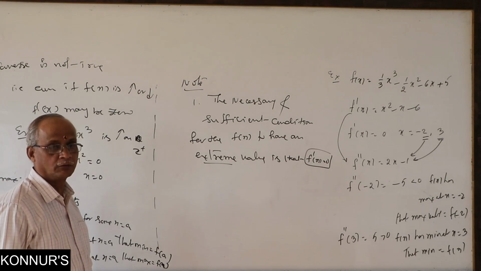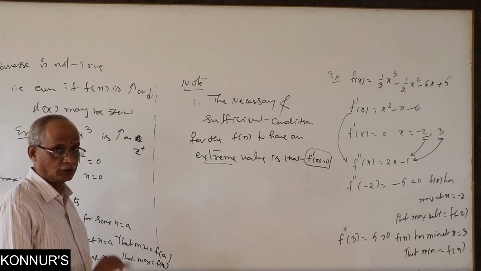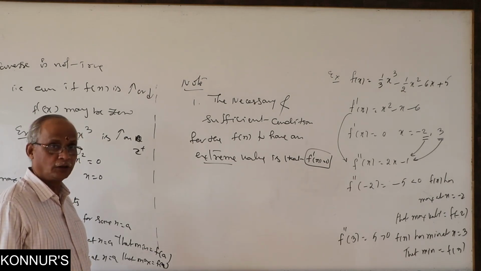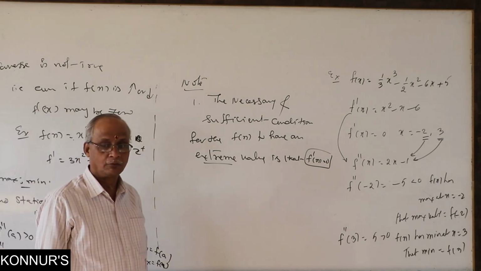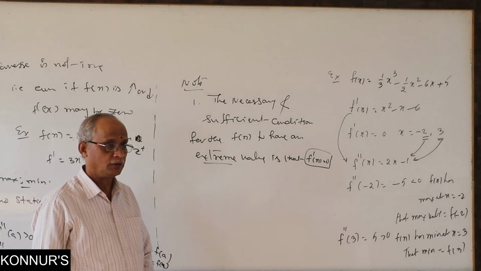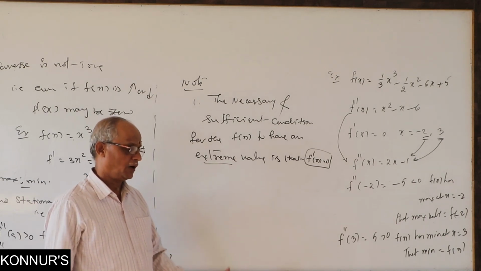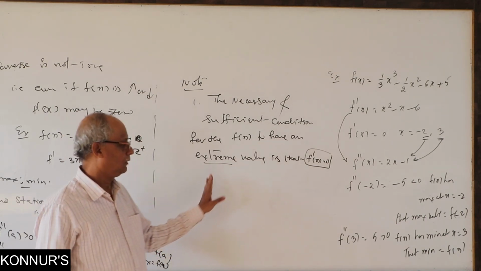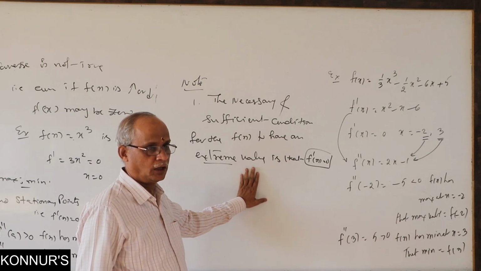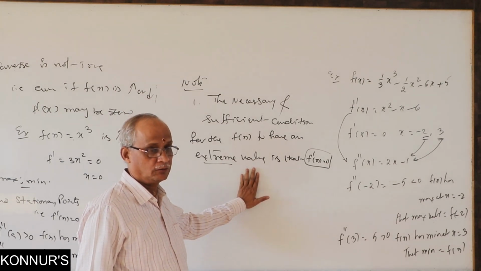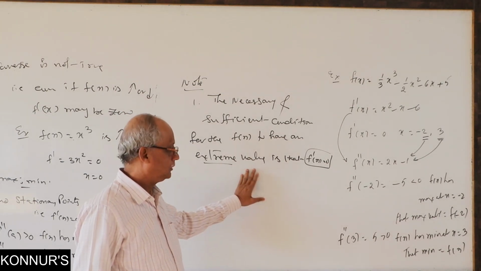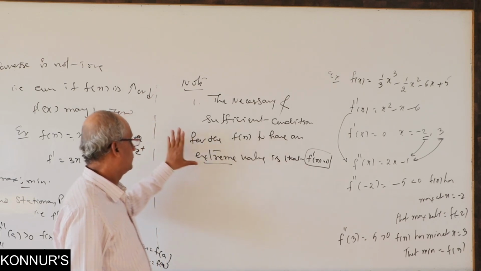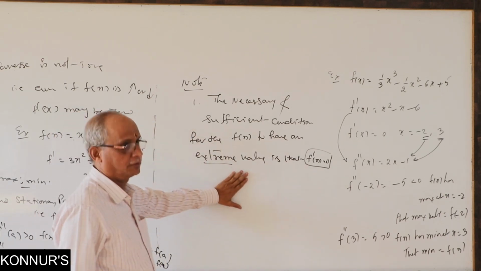Otherwise we cannot, up to CET. After CET it is possible. There is very important theory in mains and other exams, but now I am not discussing it. Don't think I am saying it is not possible; in other textbooks I saw it is possible. Up to CET level, to your information, this is enough.